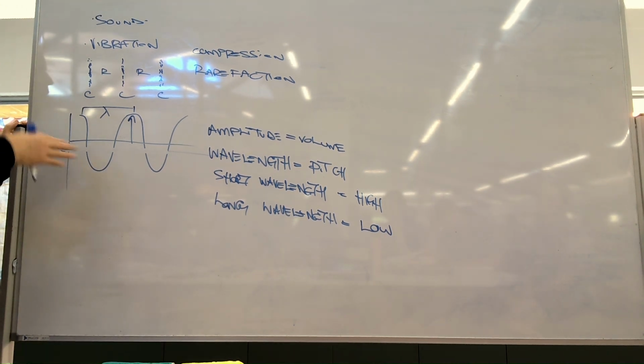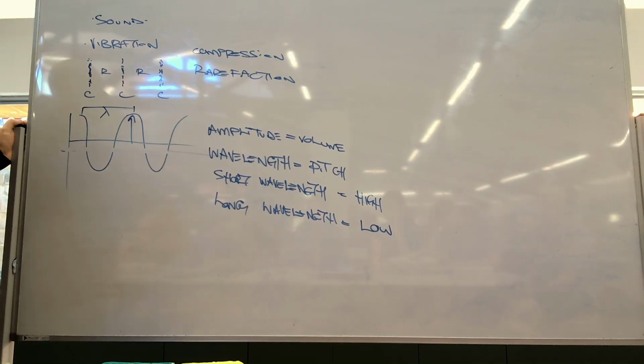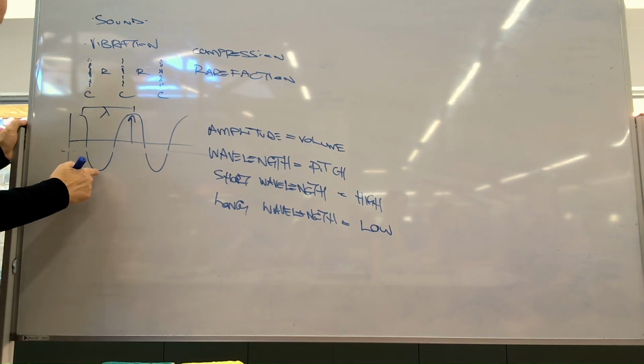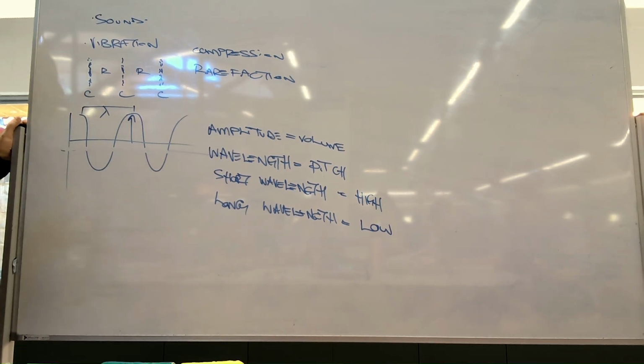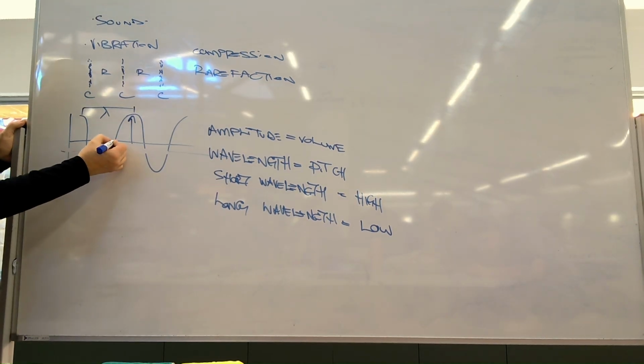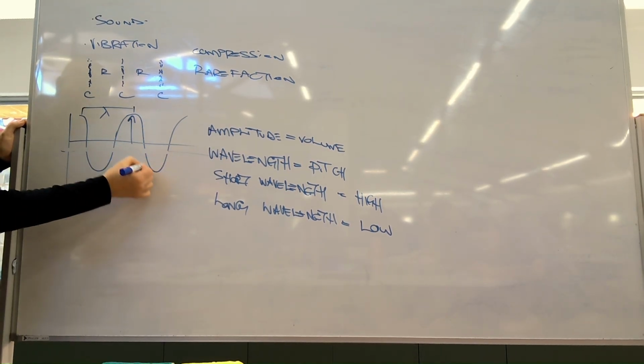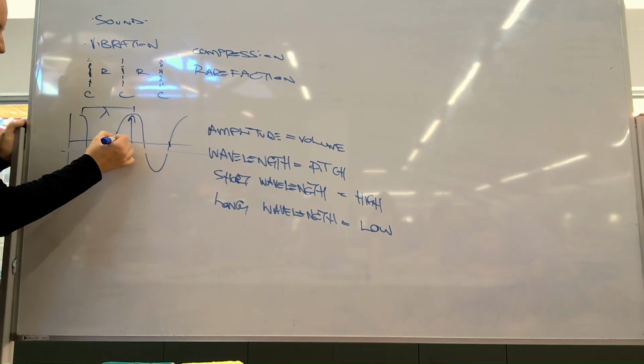I'm trying to write on a board that's moving. Per second. What's a crest? Top of a wave. This is a trough. This is a crest. A wavelength is just the length of the wave. So you can measure wavelength from here, up and down. So there's one wavelength as well.